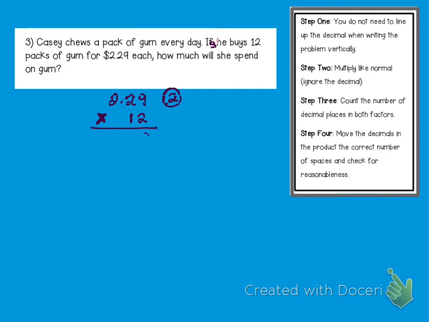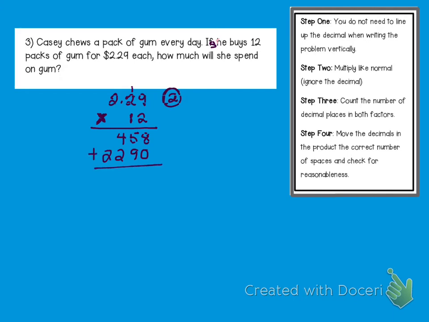9 times 2 is 18. 2 times 2 is 4 plus 1 is 5. 2 times 2 is 4. 0 for a placeholder. 1 times 9 is 9. 1 times 2 is 2. 1 times 2 is 2.